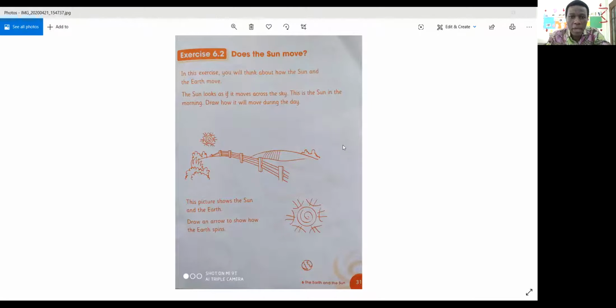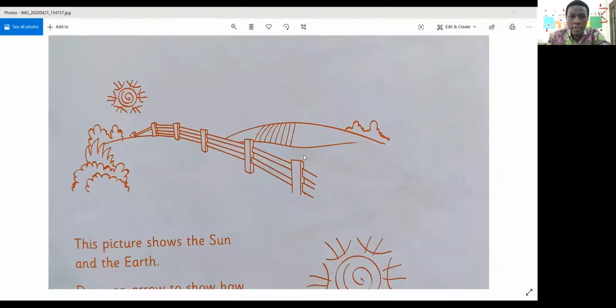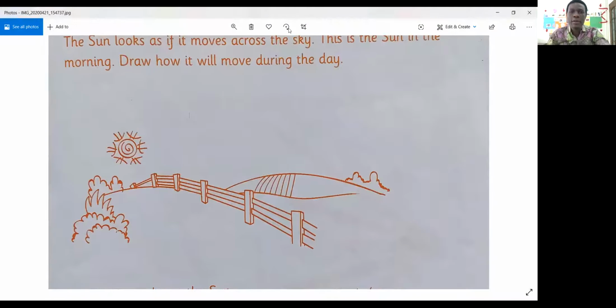you will remember I told you that normally the earth spins from west to east, right? This is the movement of the earth, and that will make the sun appear to move from east to west.